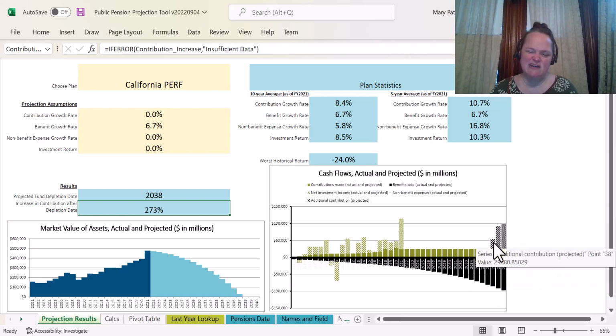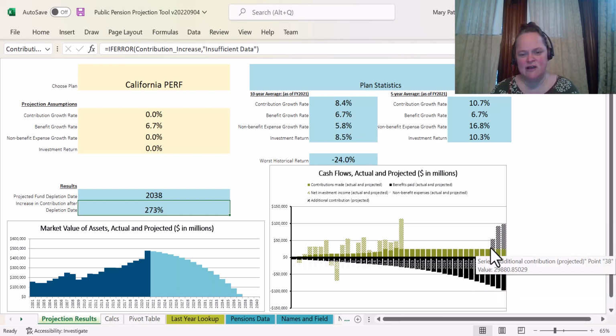I looked at whether it's the next year, because in 2038 you're actually only covering part of what you had to. There were still some assets left over. So I waited until you're fully pay-as-you-go, and that's where I looked at the increase in the contribution base. That was 2039. You can adjust it how you want. It's a matter of choice.